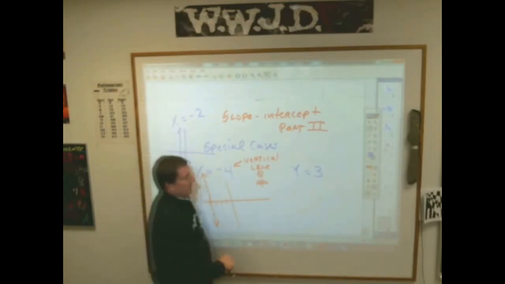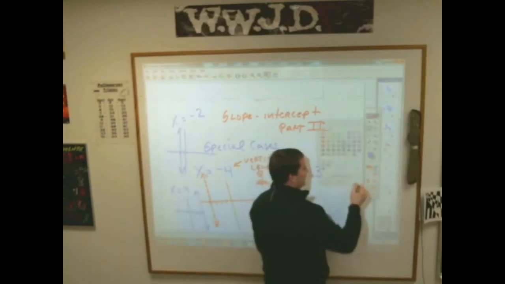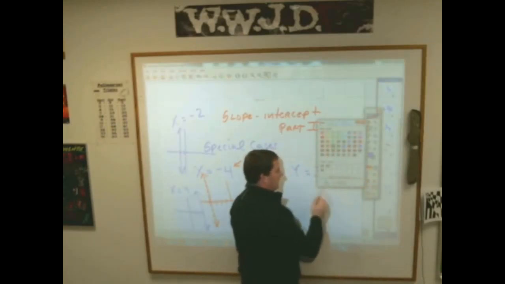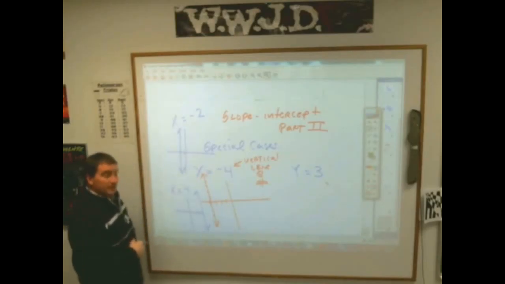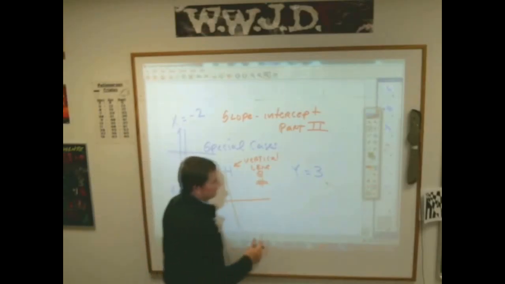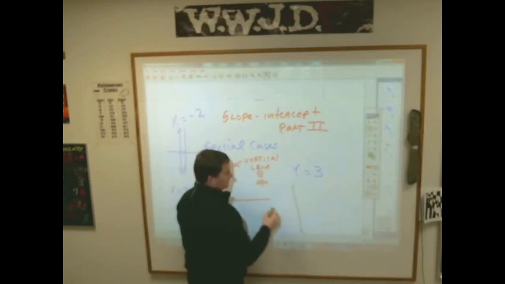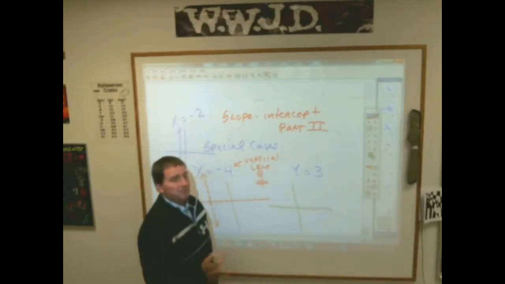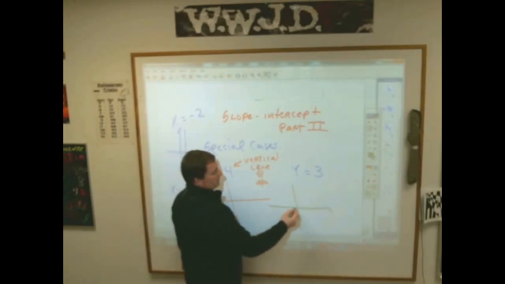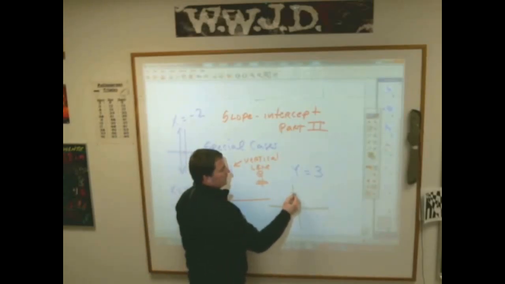With that being said, ladies and gentlemen, you might be able to speculate, take your wildest guess at what, if it says y equals 3, it might be. Do you have an idea? Is it on the other side of this one? Y equals 3 means that no matter what x is, y is always going to be 3. And y is 3 right here.